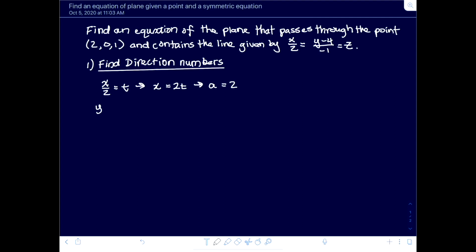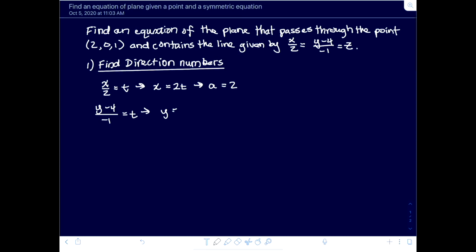And then (y minus 4) over negative 1 equal to t gives us, with a little bit of algebra, y equals 4 minus t, which gives us that our second direction number is negative 1.